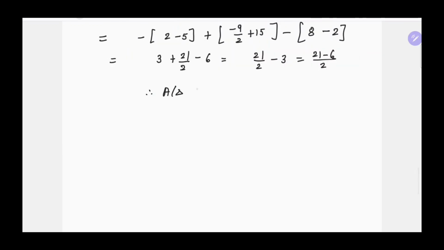Area of triangle ABC is equal to 15 upon 2 square units.